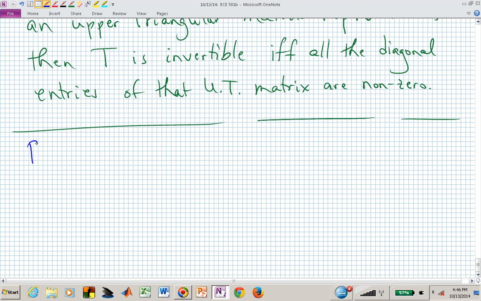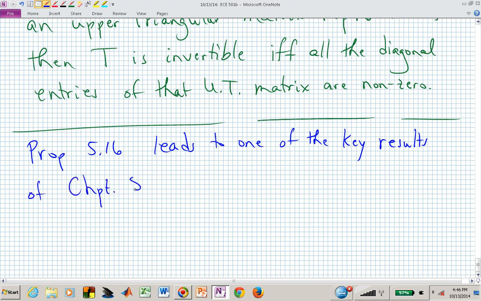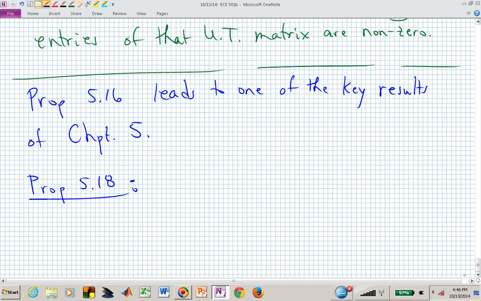Proposition 16 leads to one of the key results in chapter 5, which is labeled proposition 18 in chapter 5.